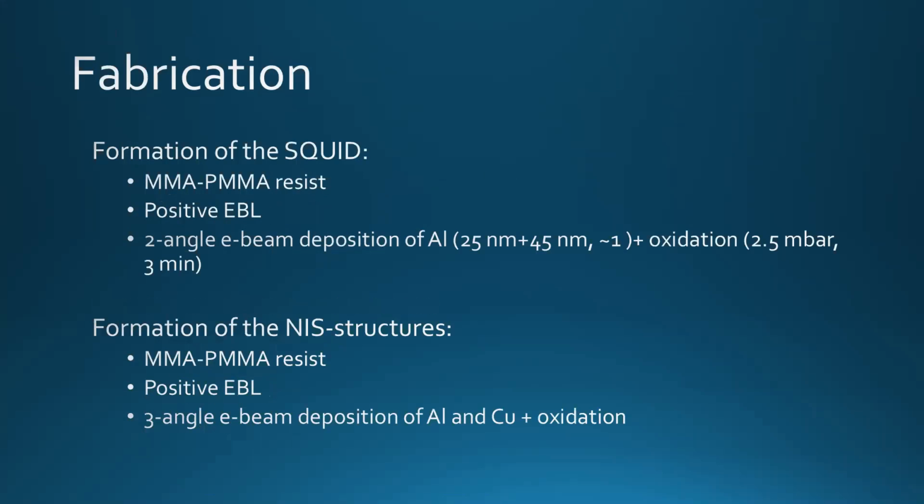Then to make a SQUID, we do another EBL. We use MMA, PMMA resist, and two-angle electron beam deposition of aluminum and oxidation. So to form NIS structures, we have to use a third EBL, and there use three-angle electron beam deposition of aluminum and copper.